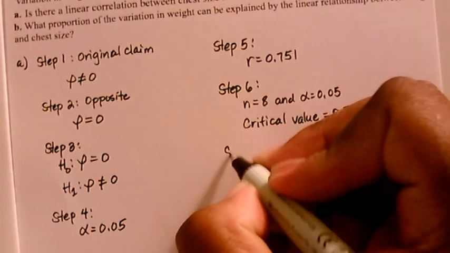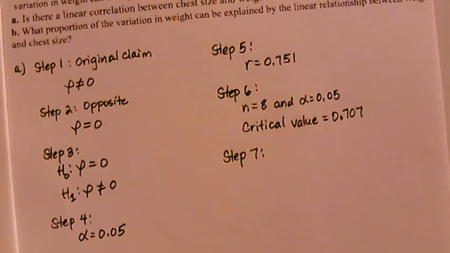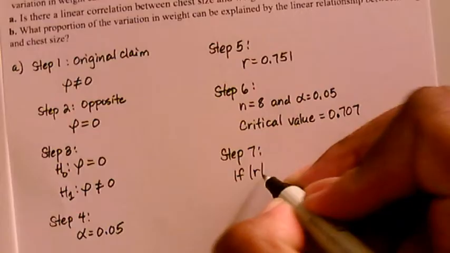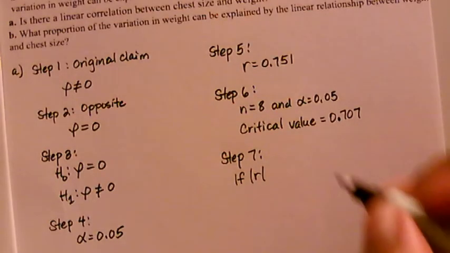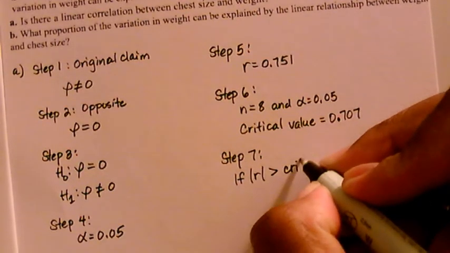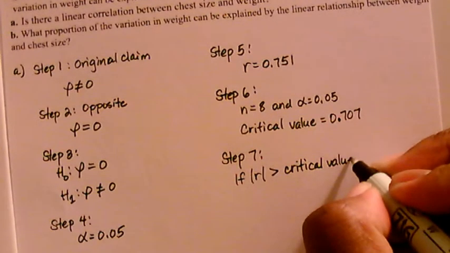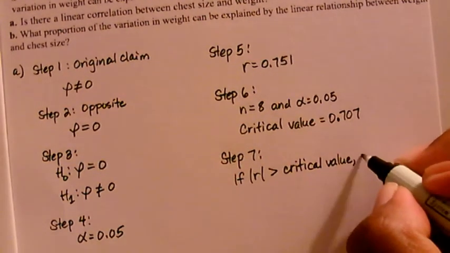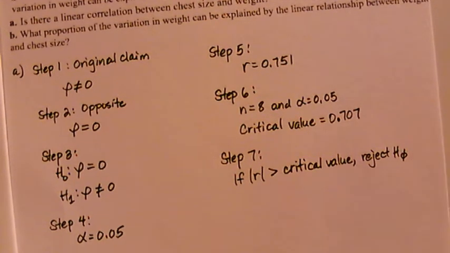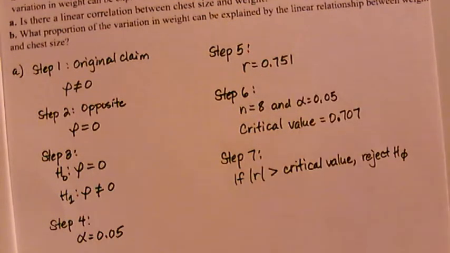Now step number 7. Since we're using the critical value approach, this will be our decision rule. If the absolute value of r is greater than the critical value that we found, you're going to reject the null. Now going back to step number 5, we found out that r was 0.751.